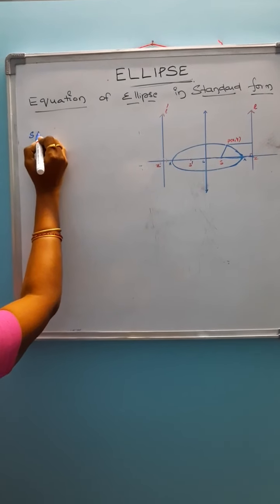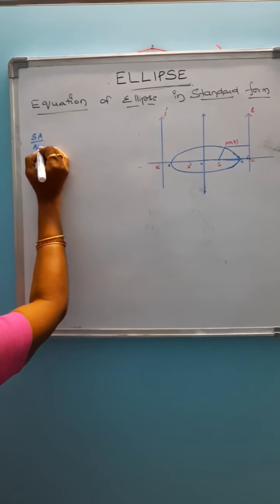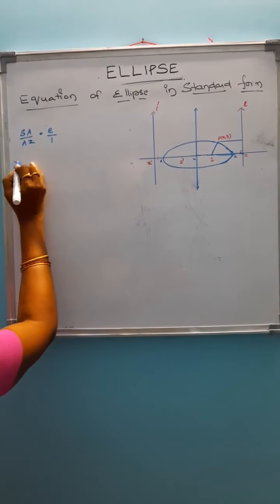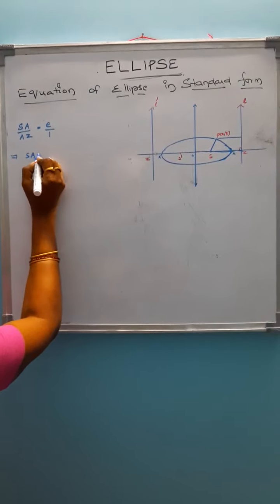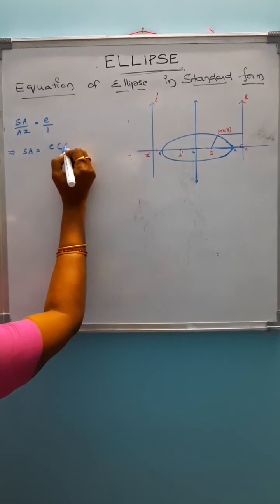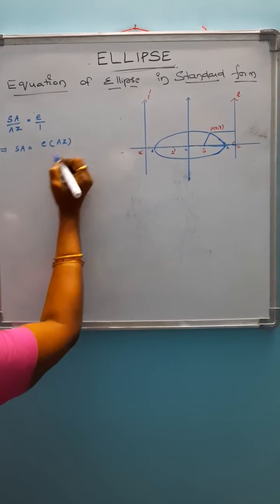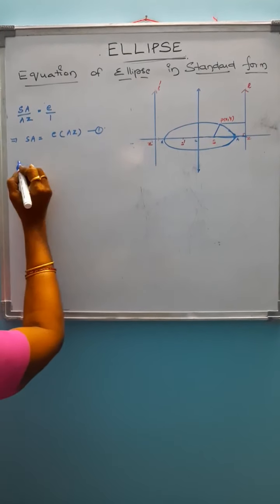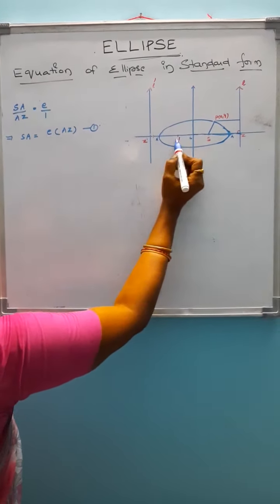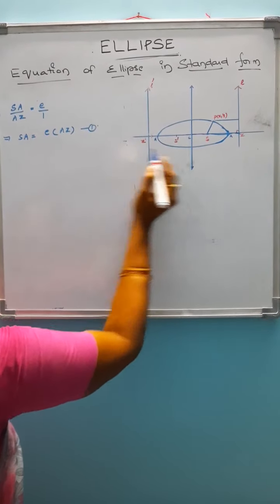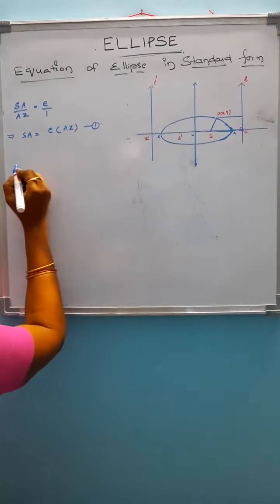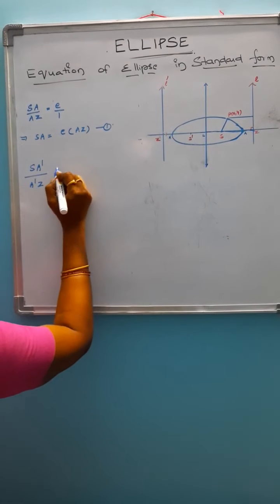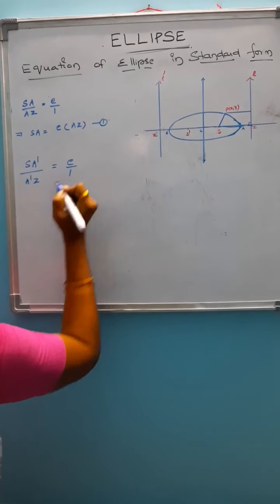SA by AZ is equal to E by 1 implies SA is equal to E into AZ. This is the first equation. Similarly, if A dash is an external point of SZ, that is SA dash by A dash Z is also E by 1.